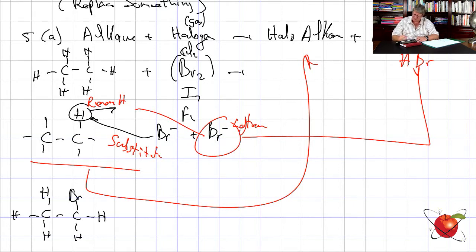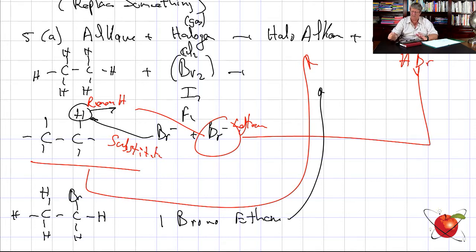That one is 1-bromomethane, my haloalkane. So in this substitution, I'm putting a halogen gas in there and replacing on the alkane, I'm substituting the H with the Br. And that H goes and links up with the remaining Br that's left over.